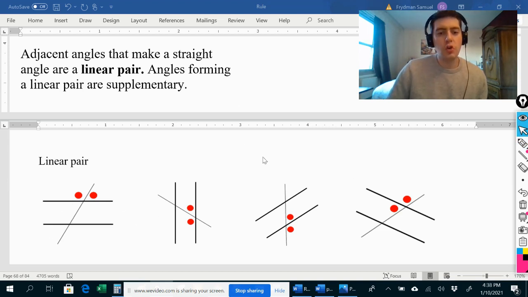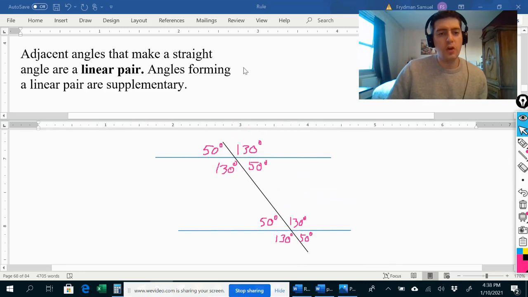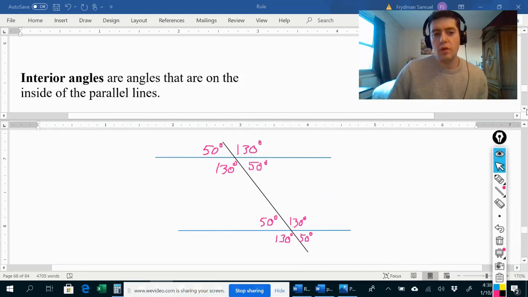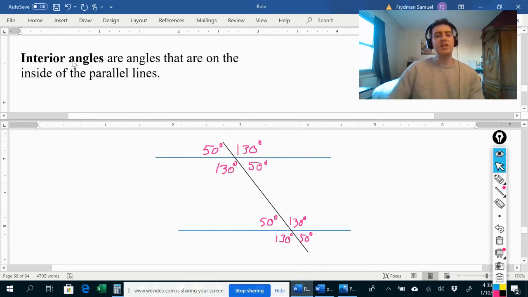All right, so let's go back over to here, and now we'll talk about some more vocabulary. Interior angles are angles that are on the inside of the parallel lines.